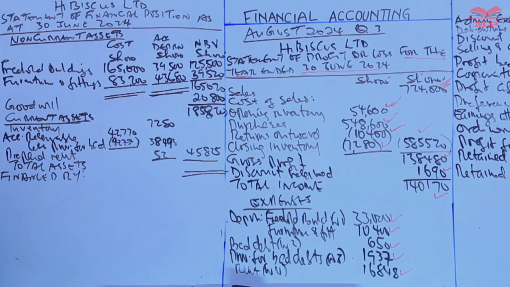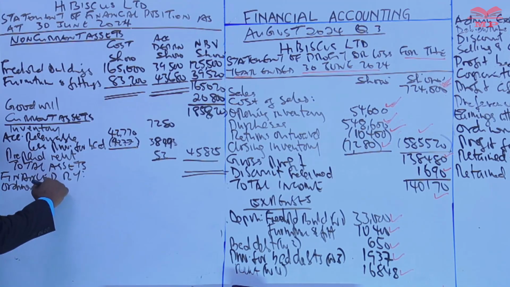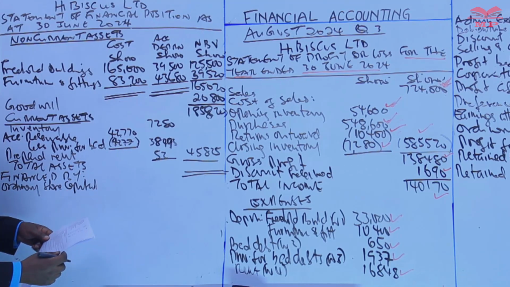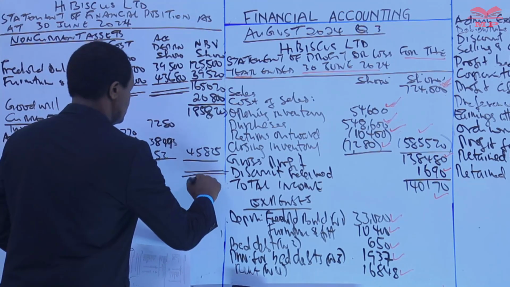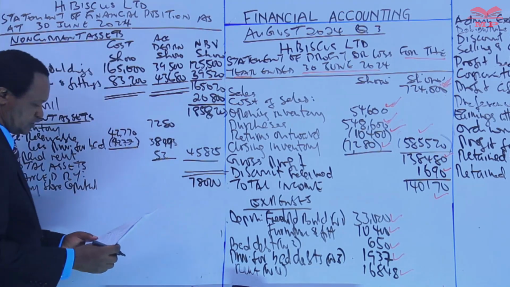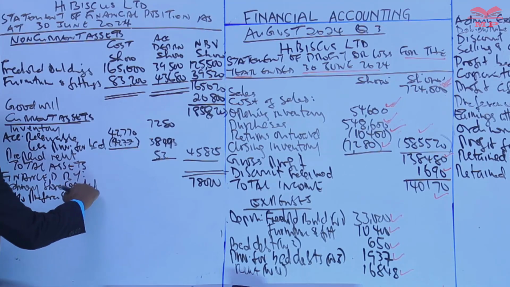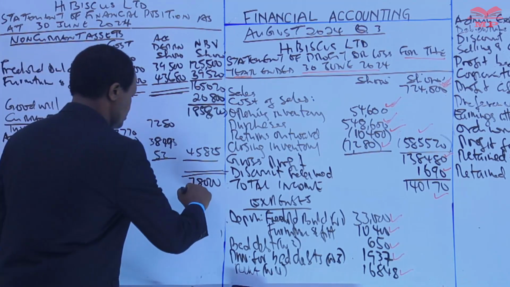So you have ordinary share capital. How much is the ordinary share capital from the trial balance? 78 million. Then we have the 12% preference share capital of 13 million.